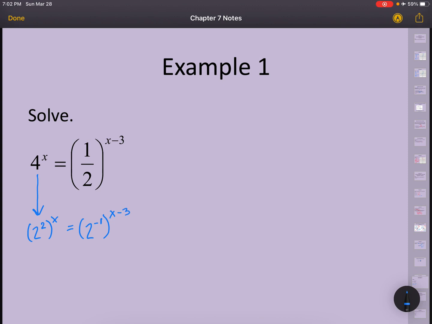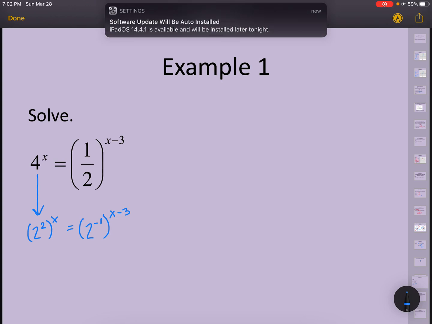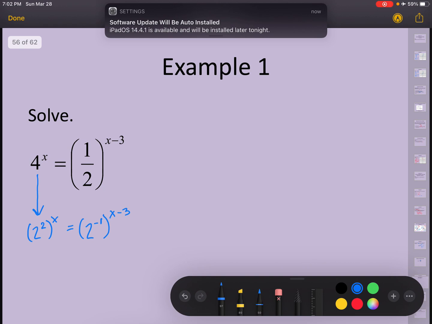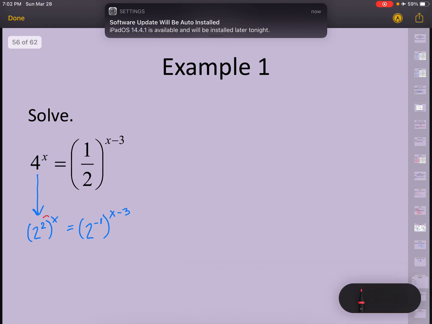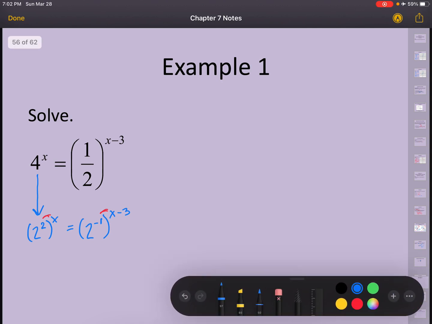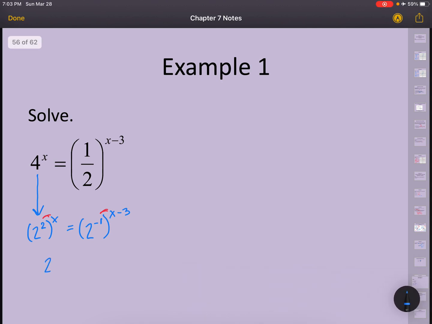So now we have them in the same base, but we can do one more thing to really set it in stone. If I distribute the x to the 2 and the x minus 3 to negative 1, I get 2 to the 2x, and then base 2, and if I distribute negative 1 to both of these, negative x plus 3.